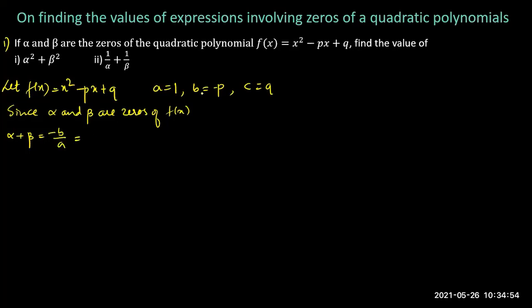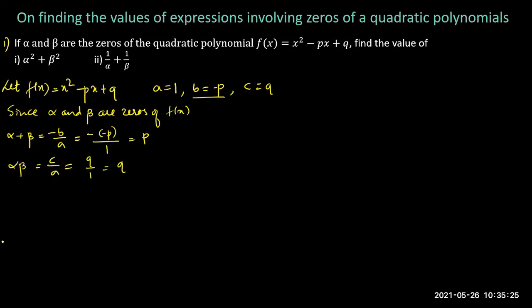Minus b means minus of minus p, b is minus p and a is 1, so this is only p. And alpha into beta is c by a, so c is q divided by 1, so it is only q. These are the relations we have found.